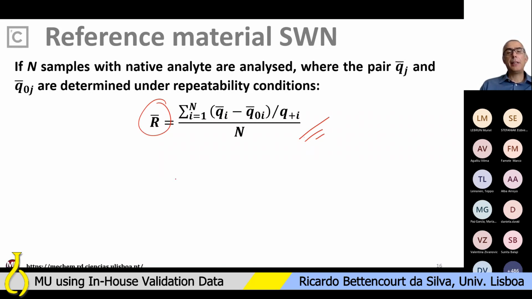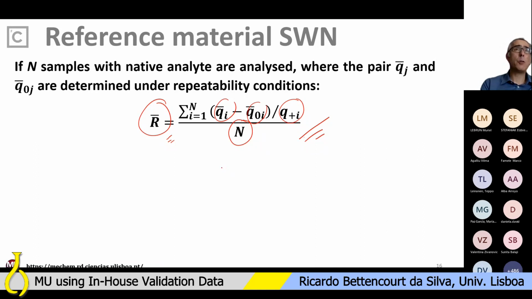So the mean recovery is the mean of all estimated recoveries, okay? And each estimated recovery is the mean of estimated analyte level after and before spiking, divided by the spiked amount. Okay, and we divide by the number of materials, of samples that are being analyzed.